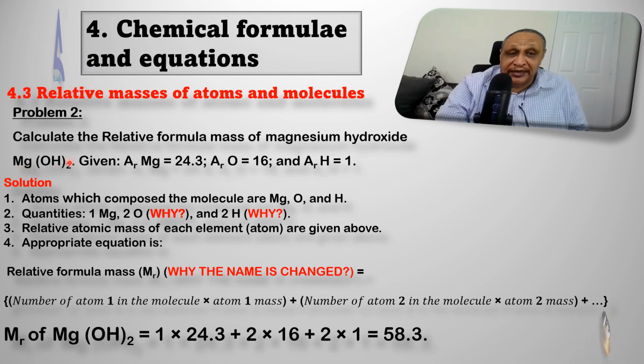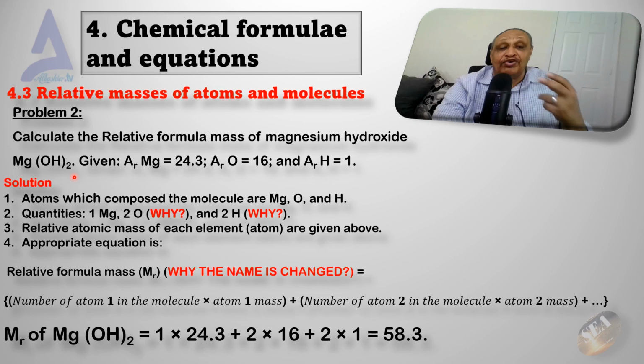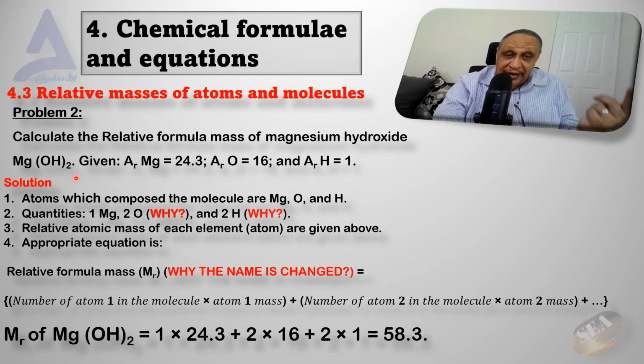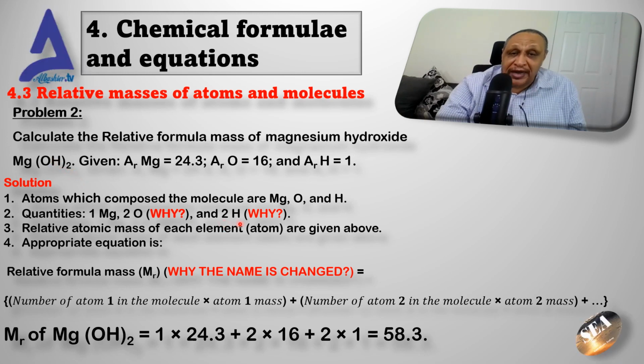So we just take it into parentheses and put 2 here, indicating that there is more than only 1 O and 1 H. So they are 2 because I'm going to multiply this 2 by 1 O, which gives 2 oxygen, and multiply this by 1 H, which gives 2 hydrogen. This is the answer of why.